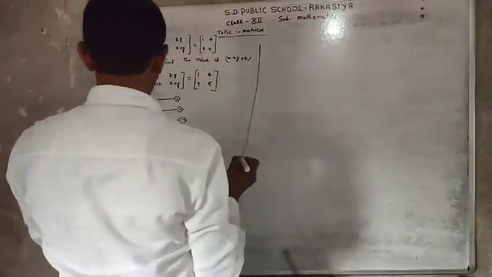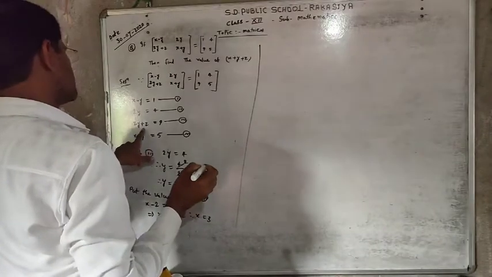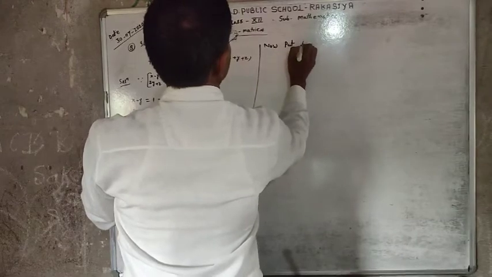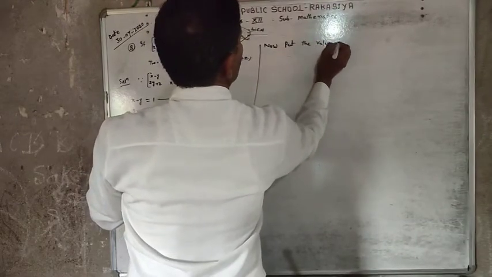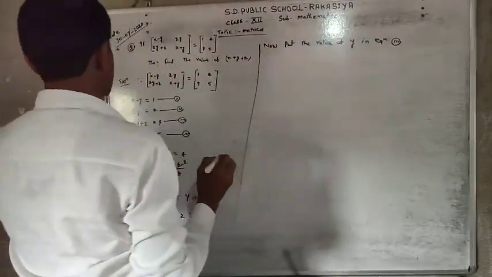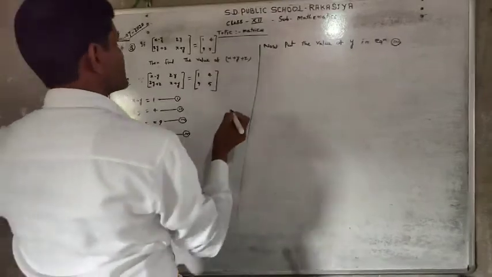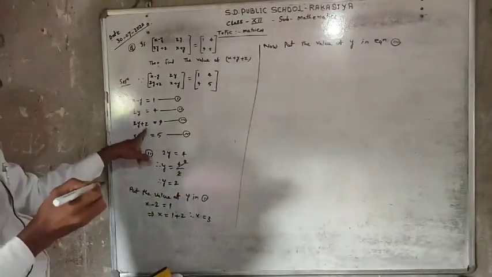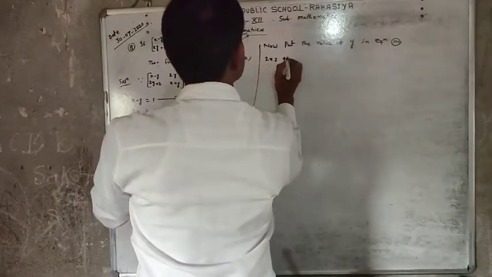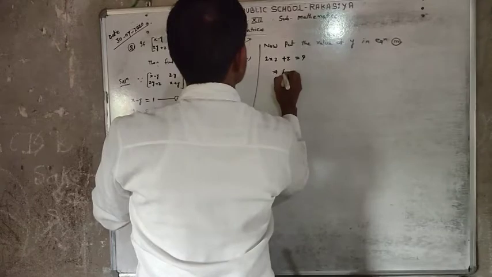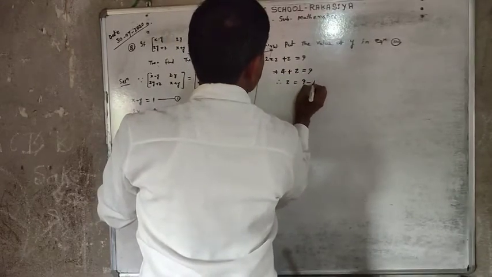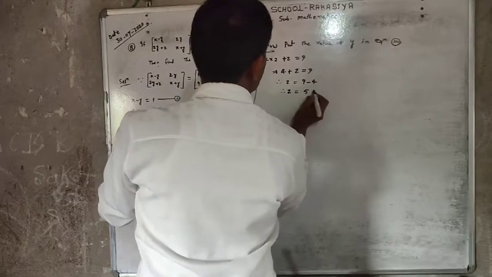And we can put the value of y in the third equation. The third equation is 2y plus z, so putting the value of y, 2 into 2 plus z is equal to 9. This implies 4 plus z is equal to 9, and therefore z is equal to 9 minus 4, so z is equal to 5.